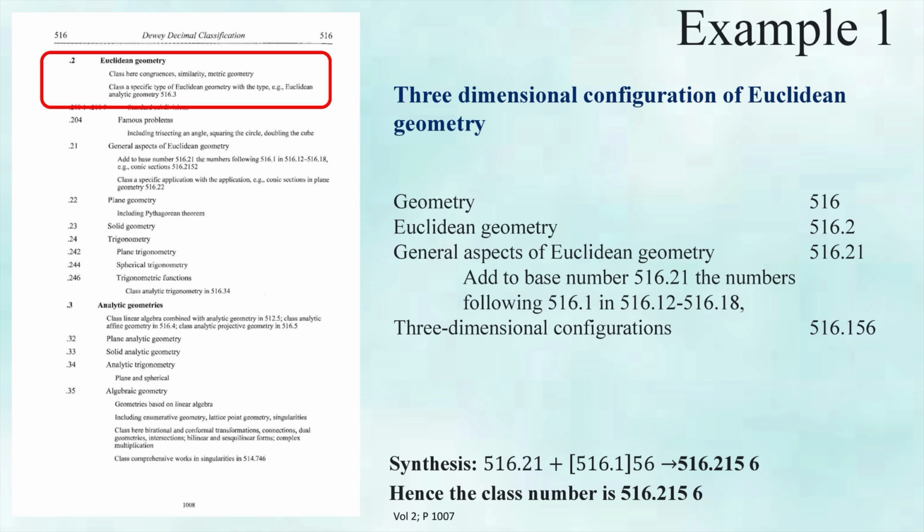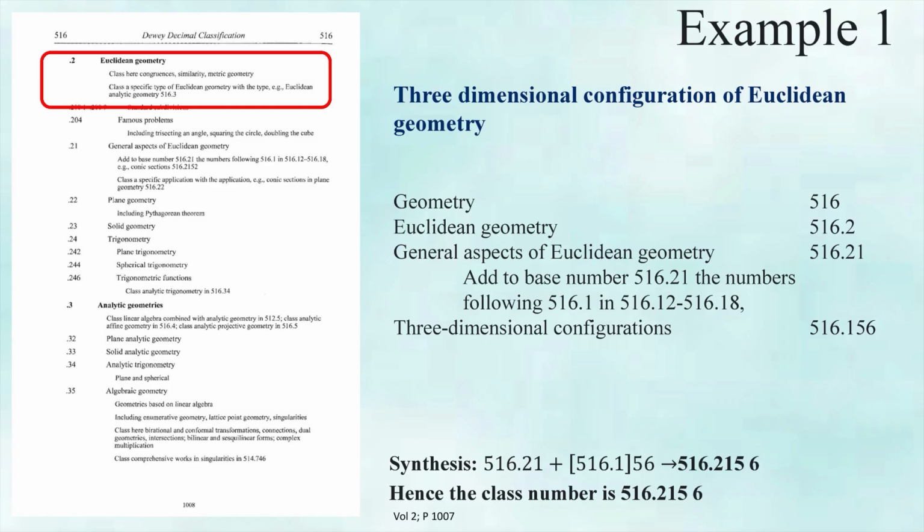We first have to find the number for geometry from the third summary. Accordingly, we get 516, under which 516 point is Euclidean geometry. In 516.21, you will get the general aspect of Euclidean geometry, where there is a note. The note tells us to add to the base number 516.21, the number for the general aspect of Euclidean geometry, the number following 516.1.